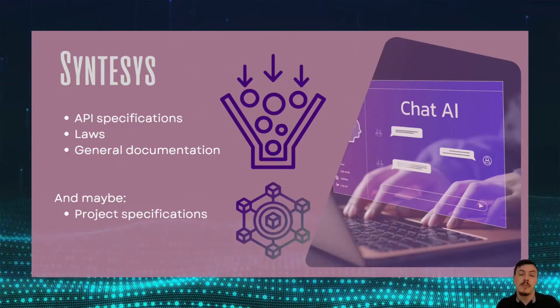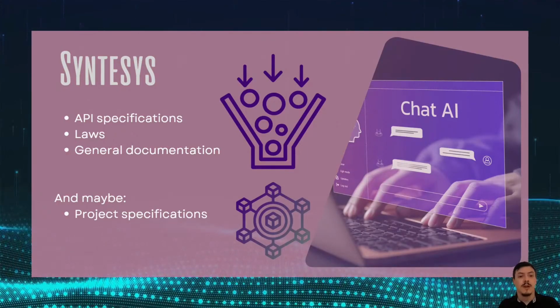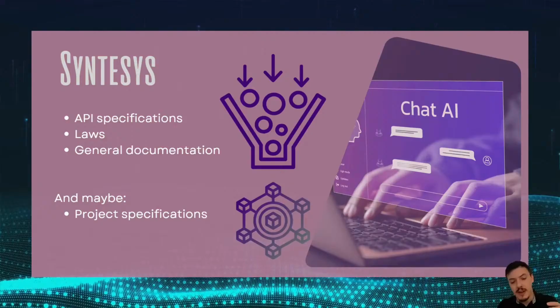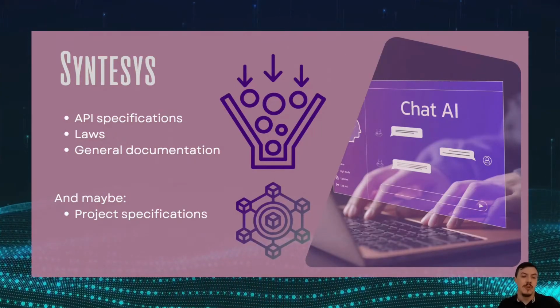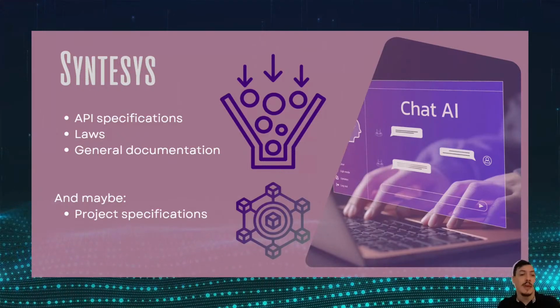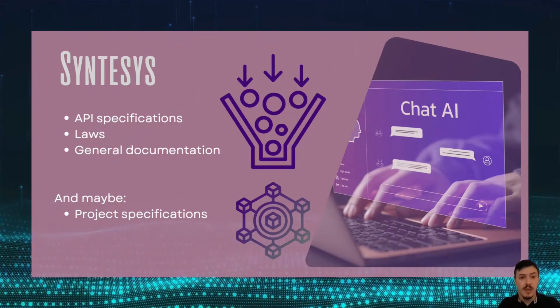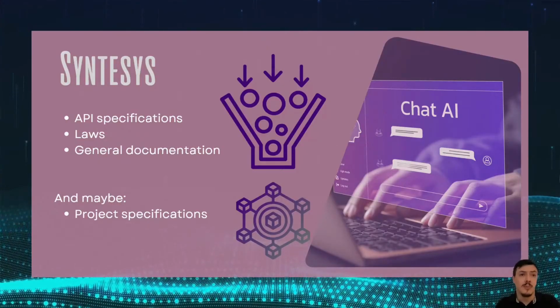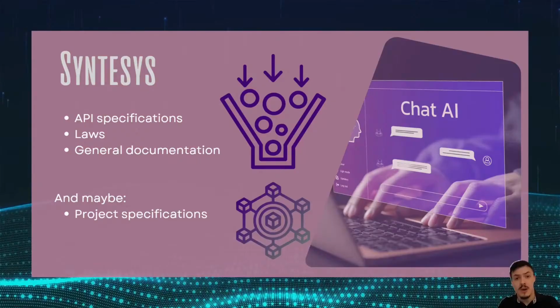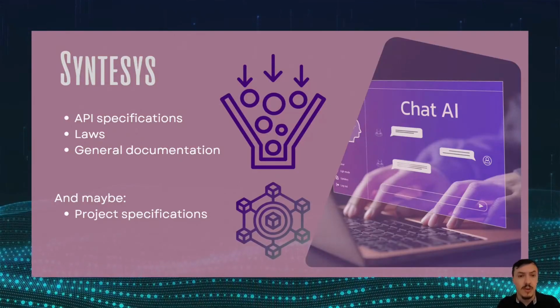Maybe that is not a good practice, but for all the things that are general, maybe even open, I put some samples here, like API specifications. Many APIs are open specifications. We have online documentation about the API that you are about to integrate with your system.